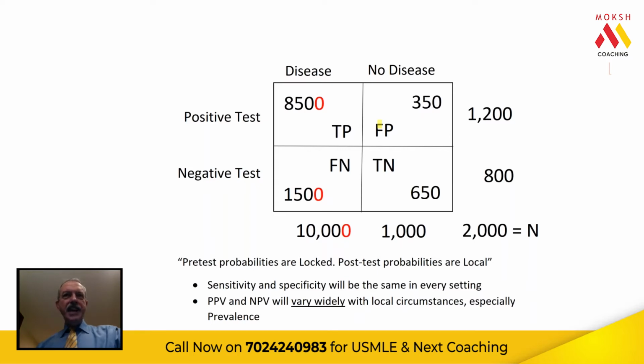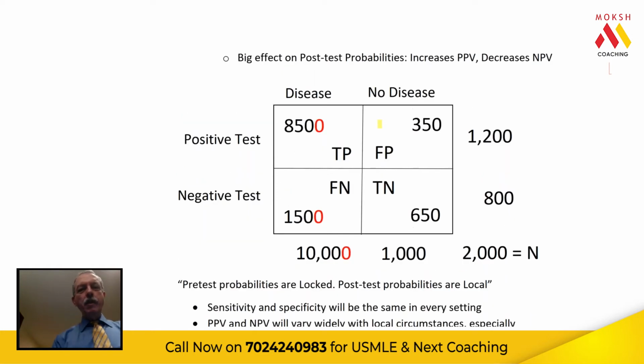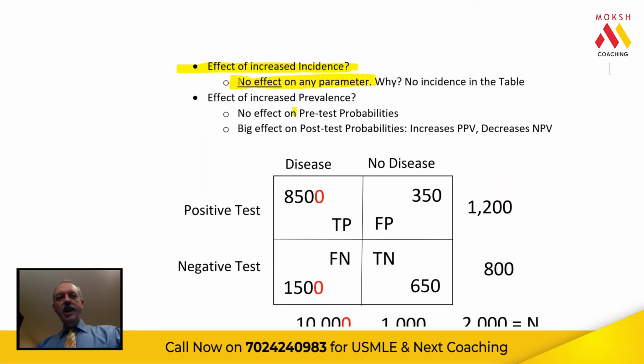When I get a positive test, I don't know whether someone recently developed the disease or whether they've had the disease for years. There is no incidence here at all in a screening test, and therefore, what effect does increased incidence have on our screening test parameters? None. Why? There's no incidence in the table.